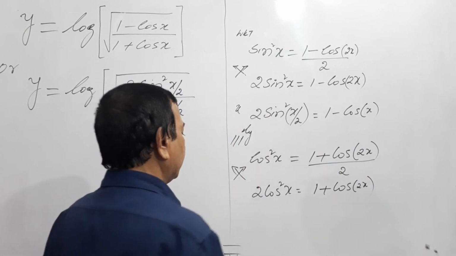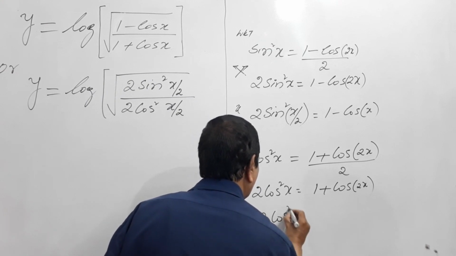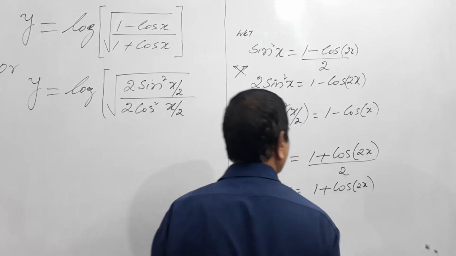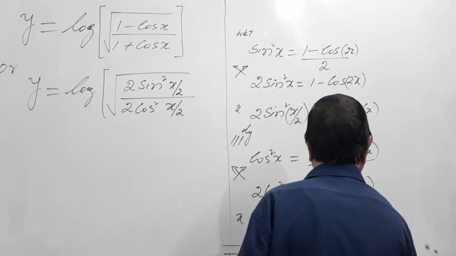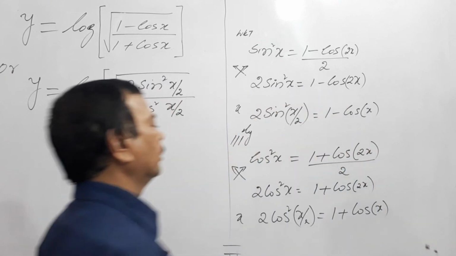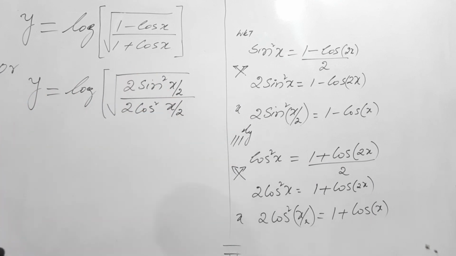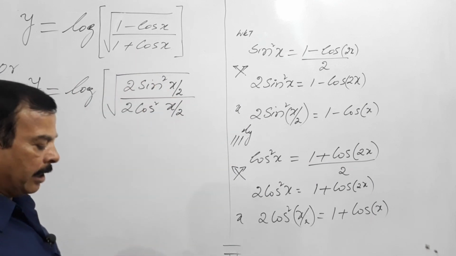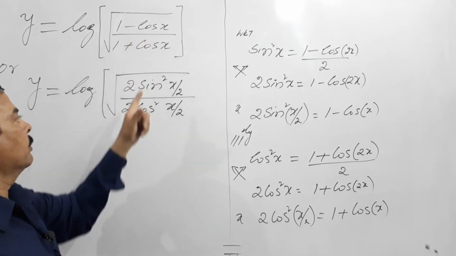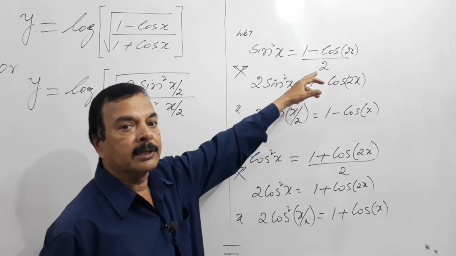And 2 cos square x by 2 equals to 1 plus cos of x. So we have substituted this using this relation. I have straight away written this. In the examination you have to mention this, how you got 1 minus cos 2x, 2 sin square x by 2, because we have to mention this, at least this.